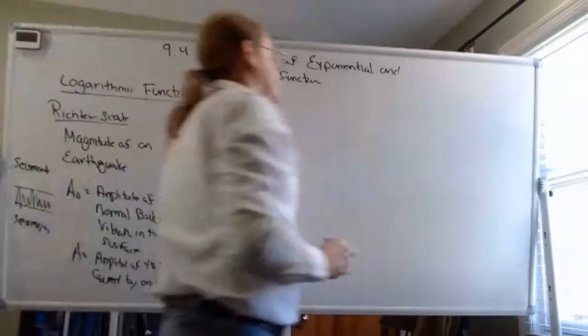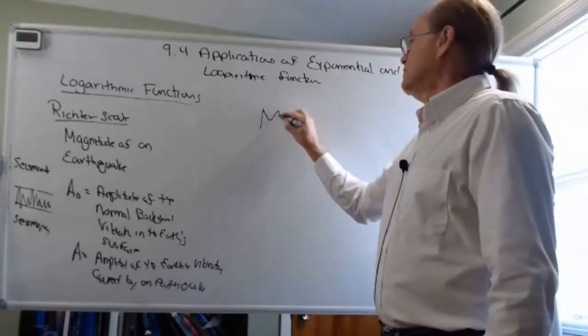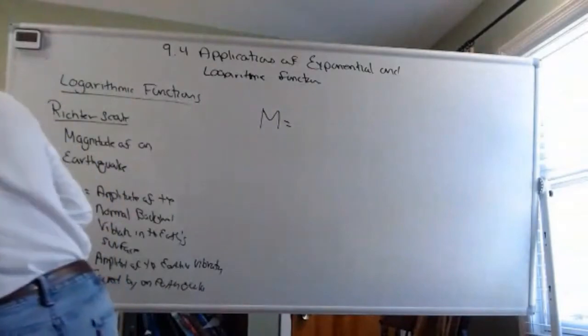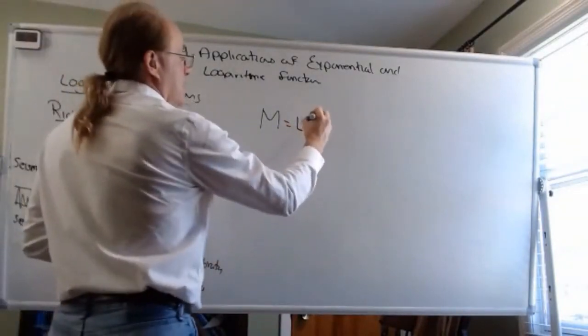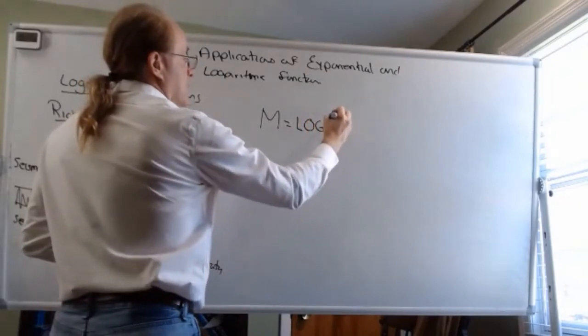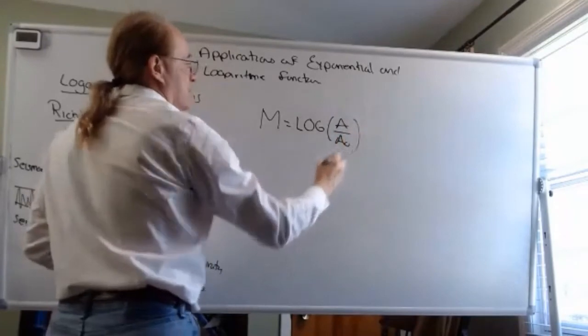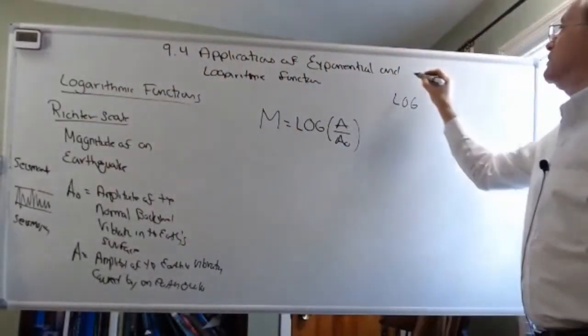And this is the model that we use. Let m equal the magnitude. So m is the magnitude. And for that, we just use the common logarithm. So it's m = log(A/A0), where the log is the common logarithm.